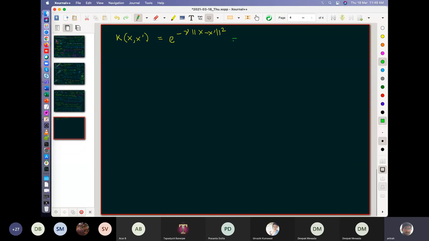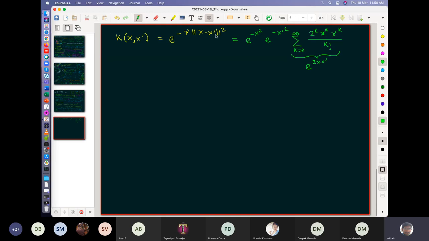So we will expand it using Taylor series, which means this is e to the power minus x square, e to the power minus x dash square, summation k equal to 0 to infinity, 2 to the power k, x to the power k, x dash to the power k divided by k factorial, because this is basically e to the power 2x into x dash.